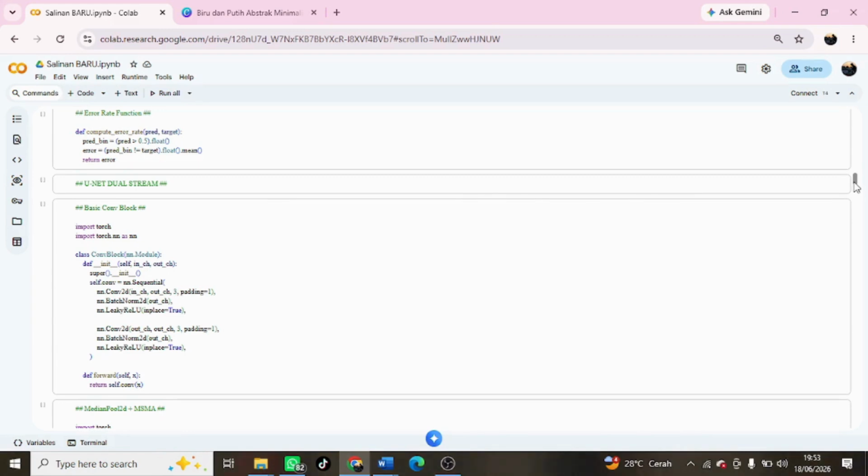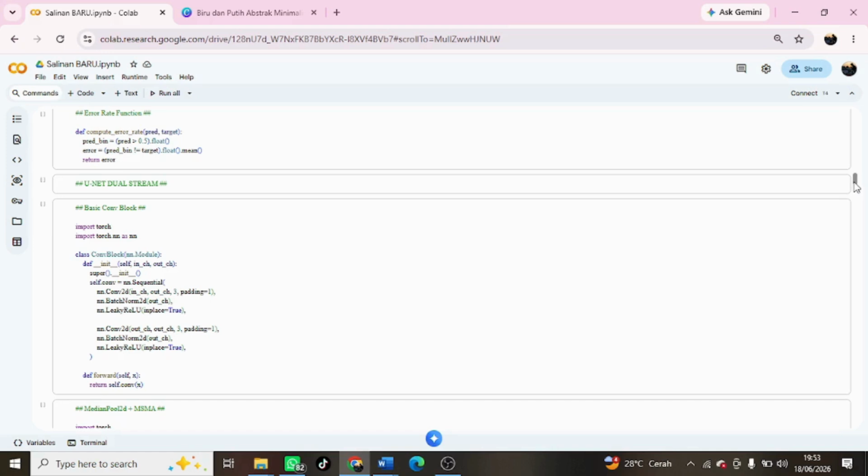The first module used is conv block. Conv block is the basic building block used to extract features from the input image. Its conv block contains two 3x3 convolutional layers followed by batch normalization and the Leaky ReLU activation function. The convolutional layers are responsible for extracting important patterns such as edges, vectors, and object shapes.